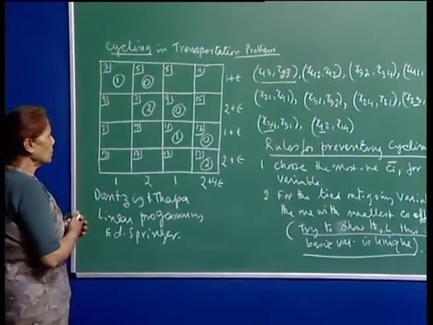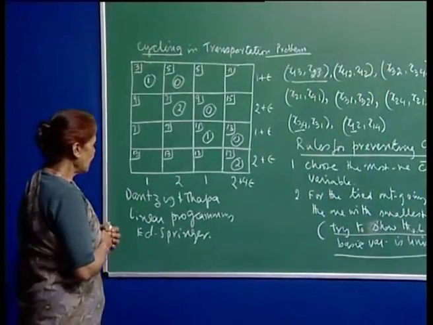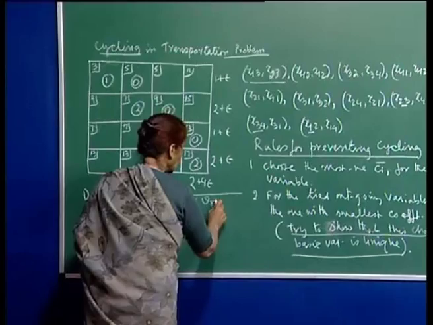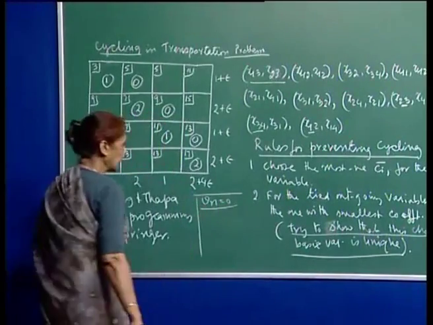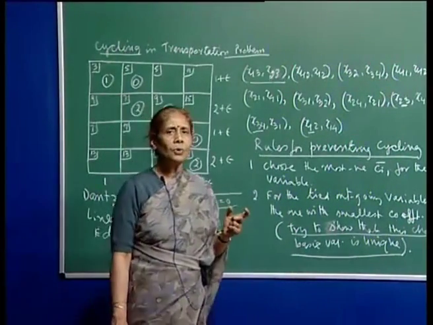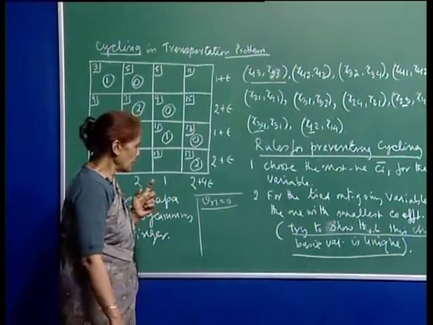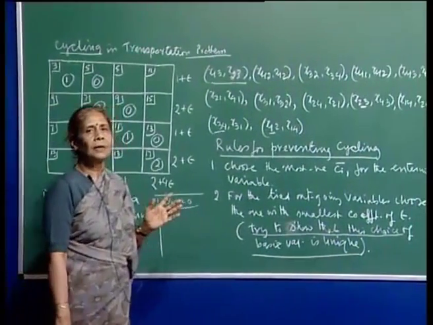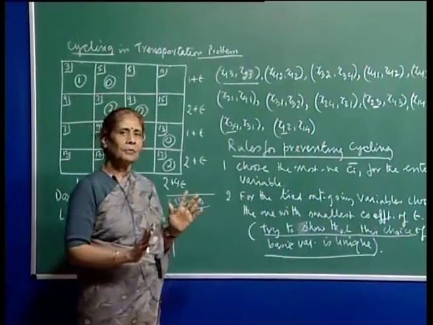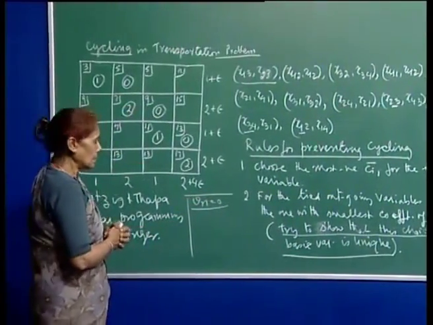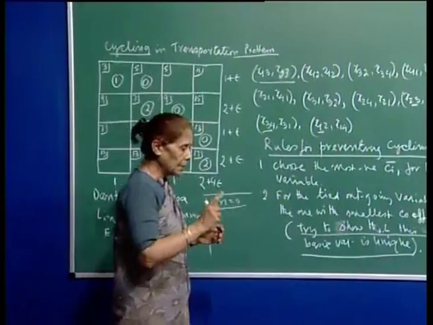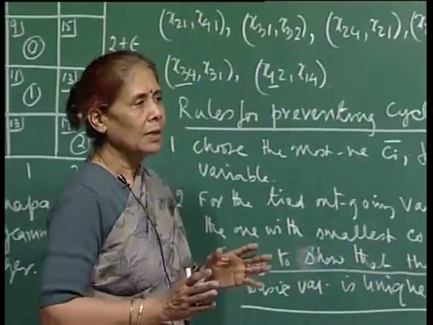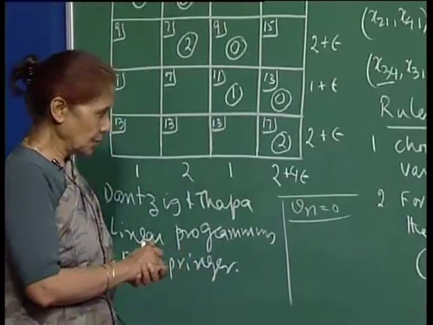Yes, another note I want to make is that, see, we have been saying that always choose vn equal to 0. Now, this is not necessary because since you are always working with a basic feasible solution, all the constraints are satisfied as equality. So, any dual variable can be chosen as 0, because you need to fix one of them, and then the other remaining m plus n minus 1 dual variables get fixed uniquely.